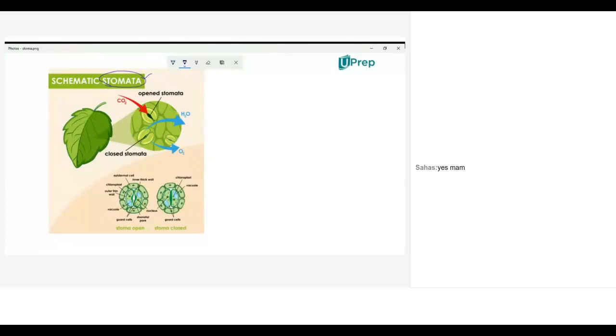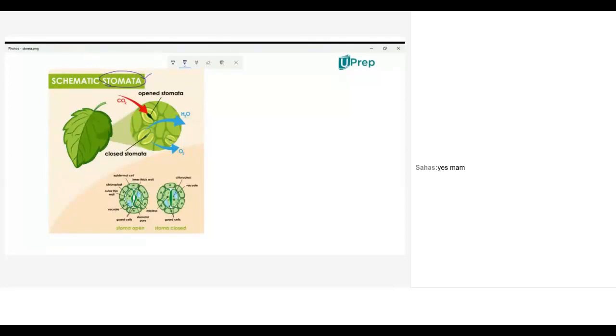Where will you find stomata? Ma'am, on the epidermal surface. That you can see in the picture. In the past classes, what did you study about stomata? Alifia, are you there? Yes, ma'am.